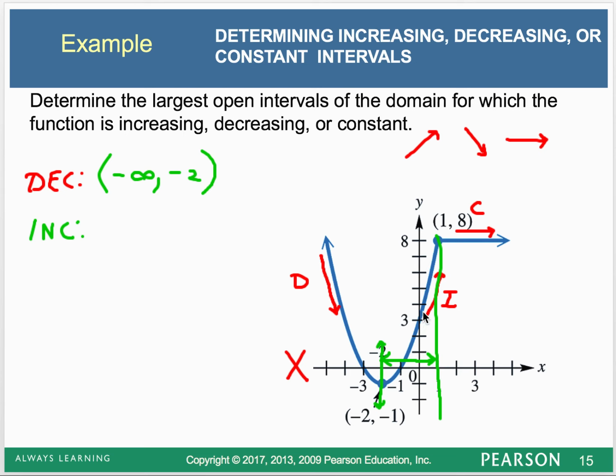The y is increasing when x goes from negative 2 to positive 1. And then the function is constant. Y is constant when x is from 1 all the way to infinity. Okay, I hope that made sense. We're going to do another one.